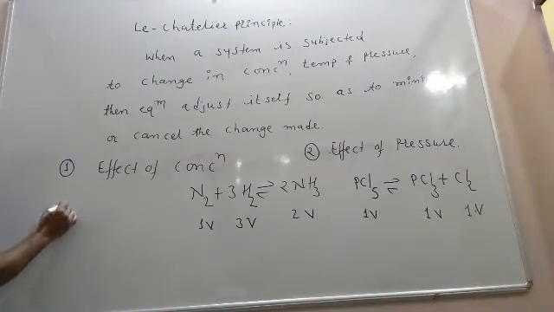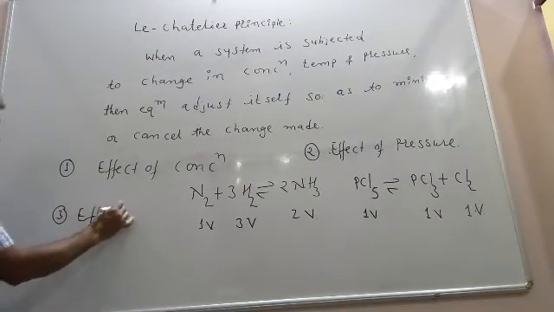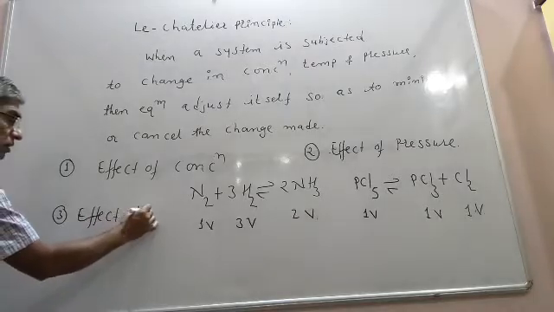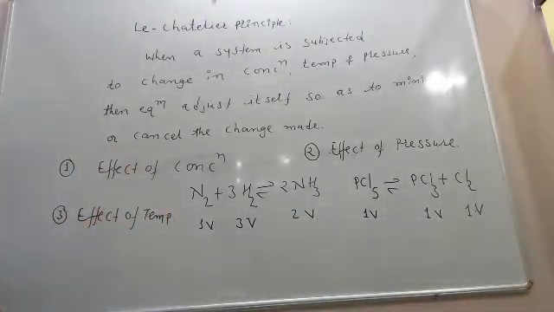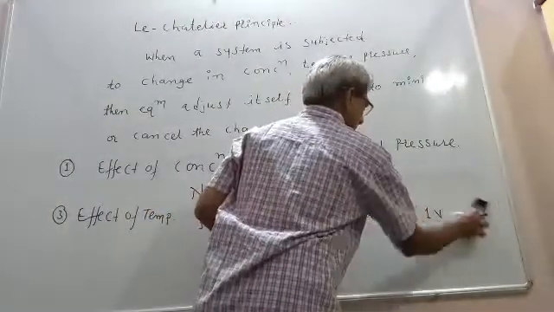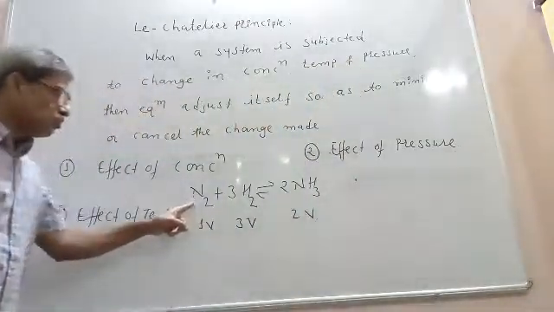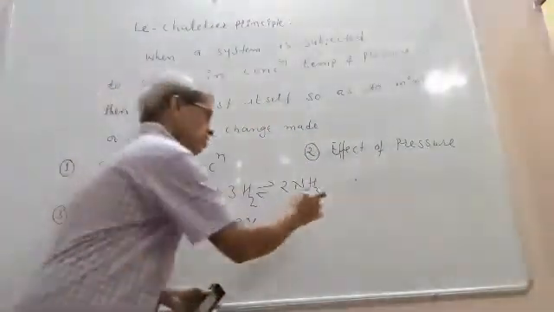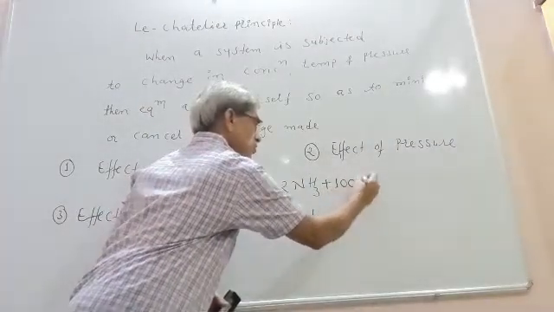Now the third factor, effect of temperature. If we consider again the same example, N2 plus thrice H2 gives twice NH3 plus 100 kilojoule.